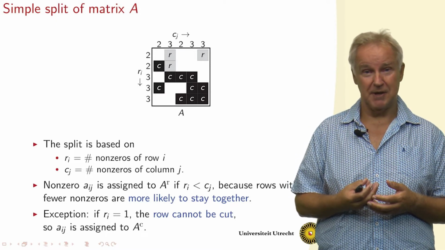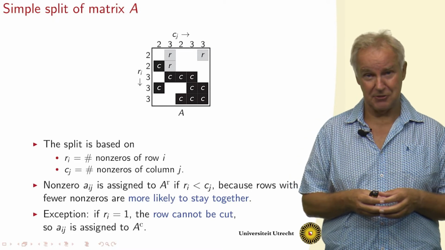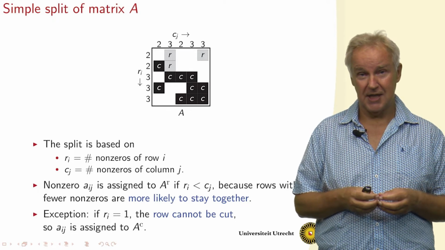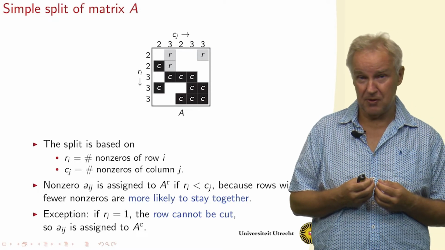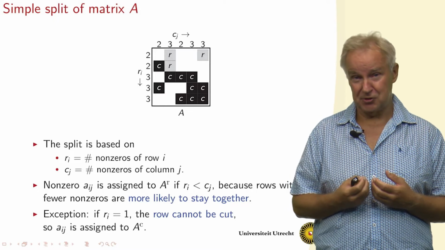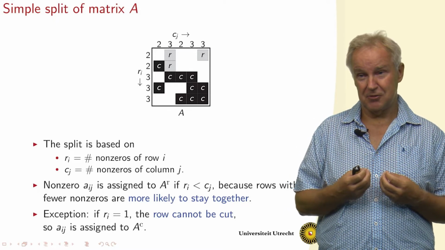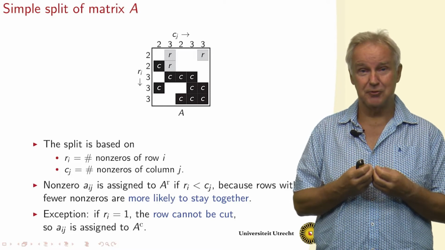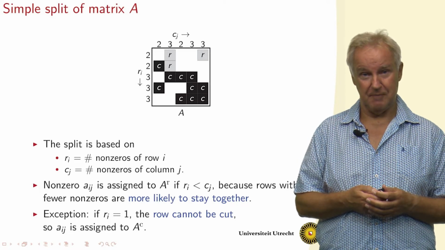It's also marked by a C. So the simplest criterion is really take the row count, the column count, and if the Aij is in a row that has fewer non-zeros than the column j, then it's more likely that the non-zeros in the row can stay together. So we choose for the row, and otherwise we choose for the column.